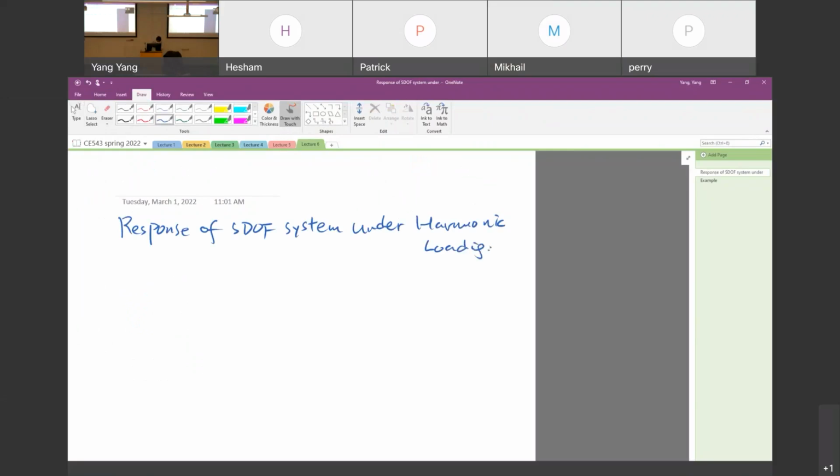That means if we have a spring, mass, and damper system, and that system is under a harmonic loading, such as F equal to F0 times sine omega_f t.